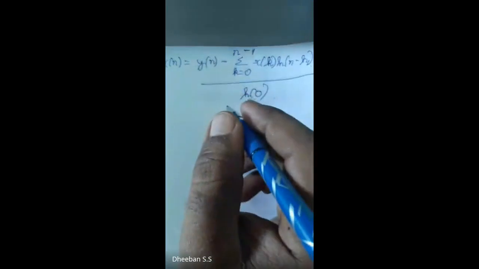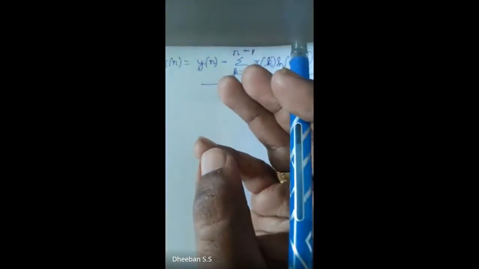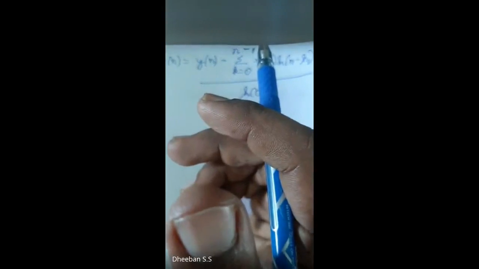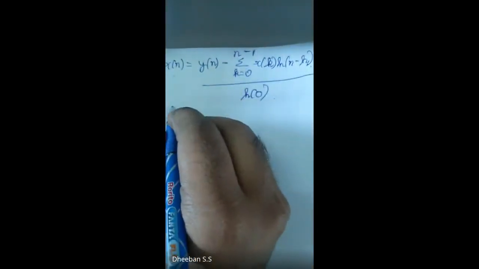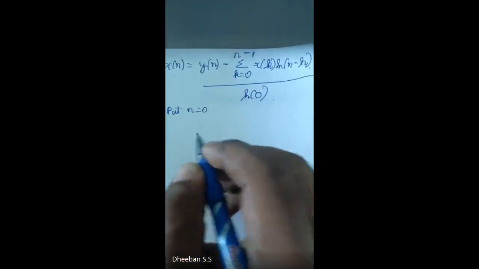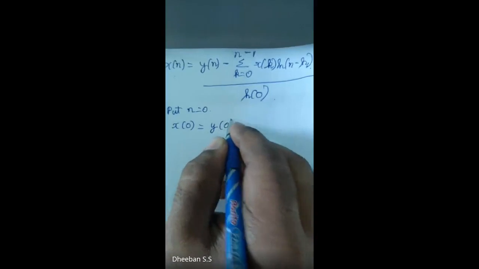Okay, so now take it down. First you have to put the 5 samples, so n will be moving 0, 1, 2, 3, 4. So put n equal to 0. Your x of 0 will be equal to y of 0.